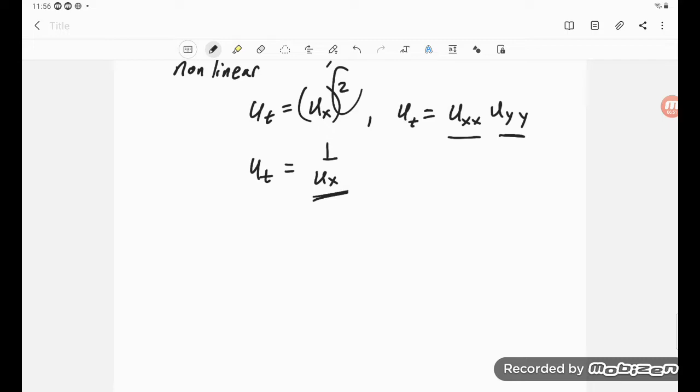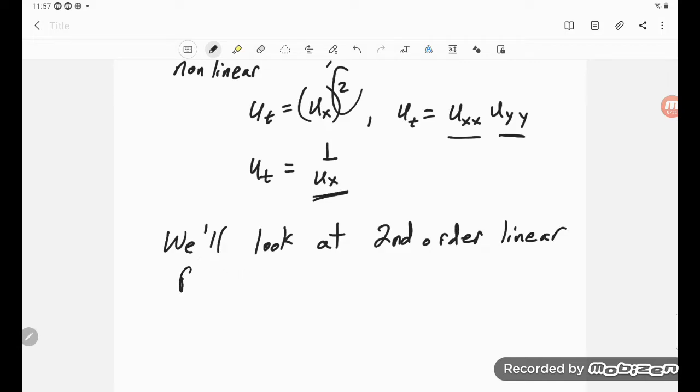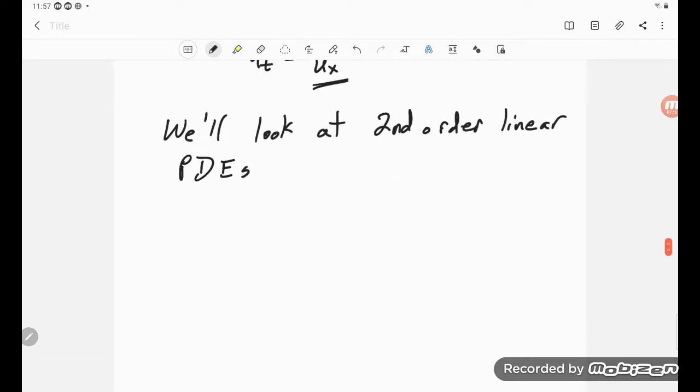Now, in particular, we're going to tend to look at second order linear PDEs. So a second order and then linear, that could be anything.